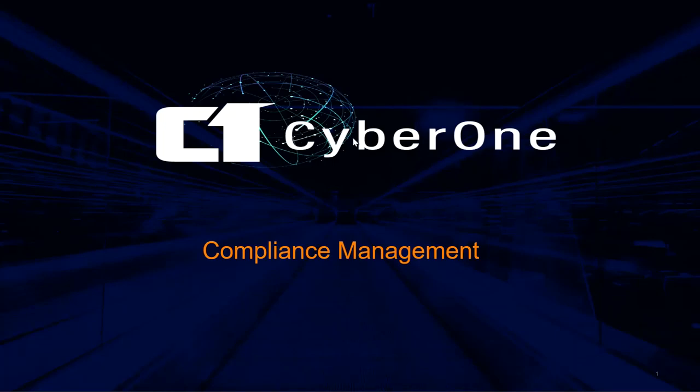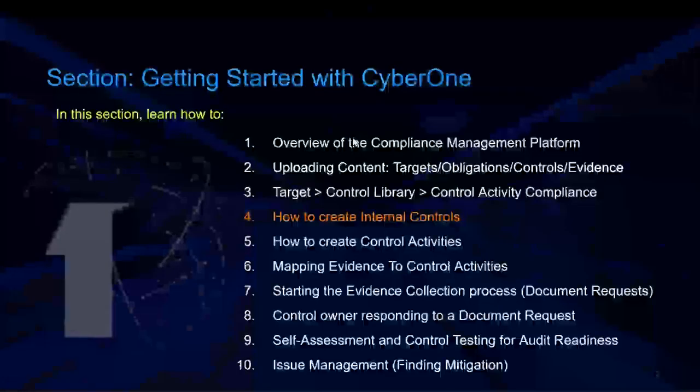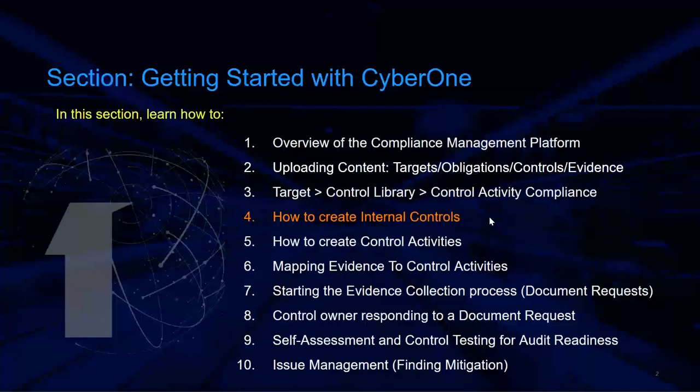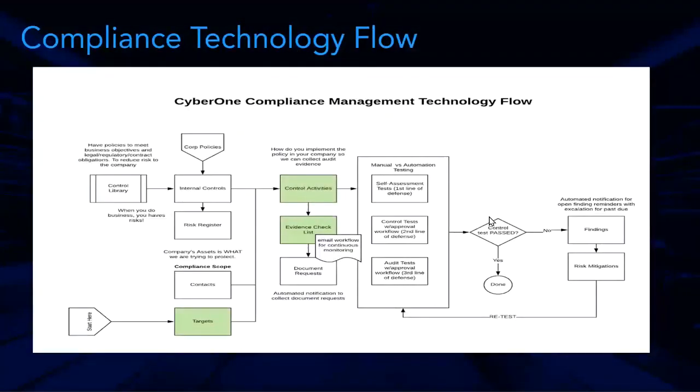Today we're in the compliance management training section, and we're going to be showing you 3 different ways to create internal controls in our system based upon your workflow requirements. So let's just go to the workflow diagram for a second. There are a couple of approaches that we can take when we're creating internal controls.